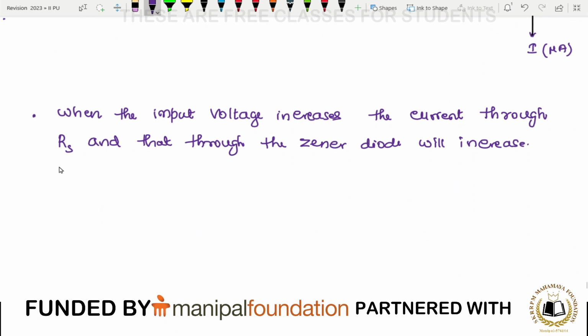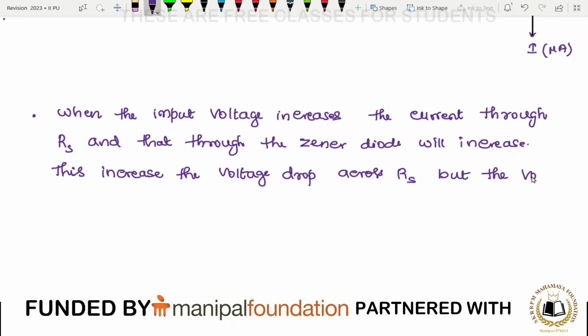This increases the voltage drop across RS, but the voltage across the Zener diode remains the same.